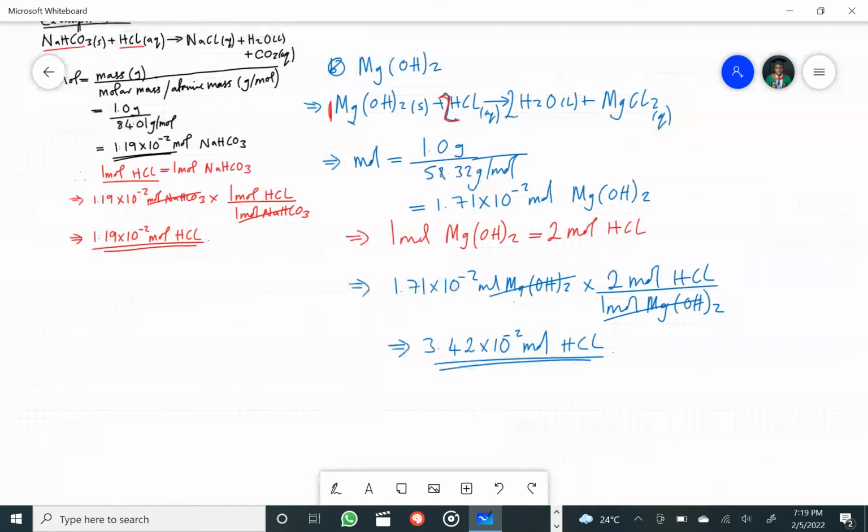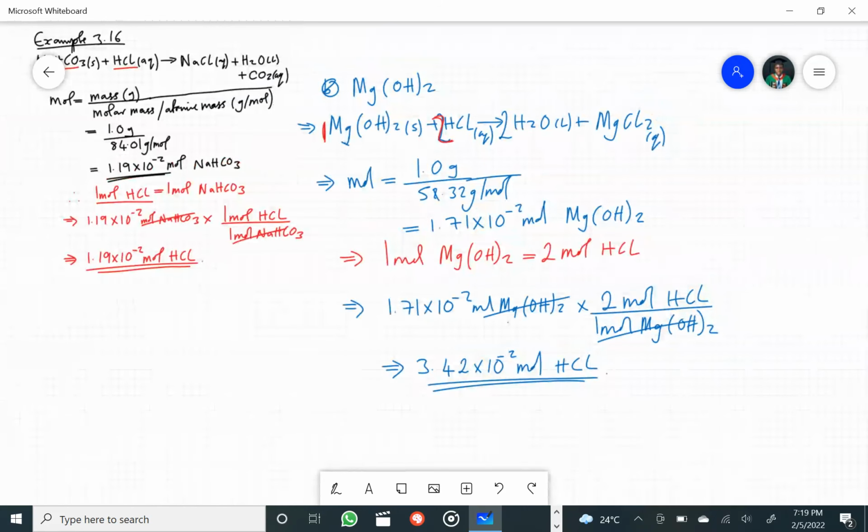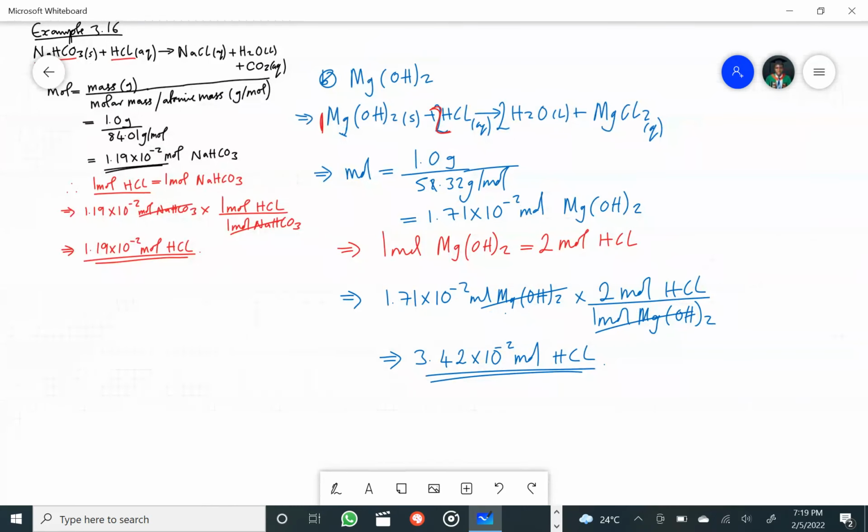You see that 1 gram of sodium hydrogen carbonate is going to neutralize 1.19 times 10 to the power negative 2 moles of hydrochloric acid. Whereas for magnesium hydroxide, you see that 1 gram of magnesium hydroxide is going to neutralize 3.42 times 10 to the power negative 2 moles of hydrochloric acid.